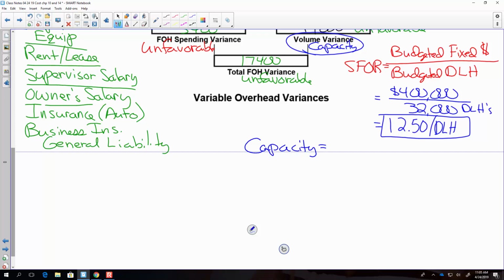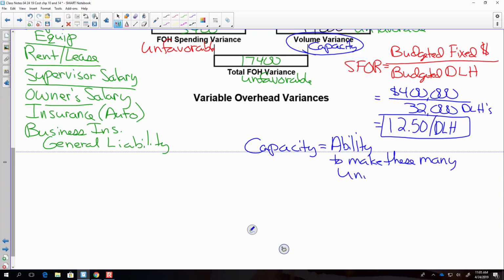The amount you can hold up to. It's like a limit that you can hold up to. Capacity is the ability to make these many units.